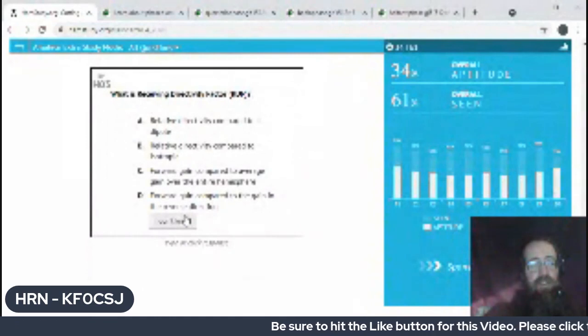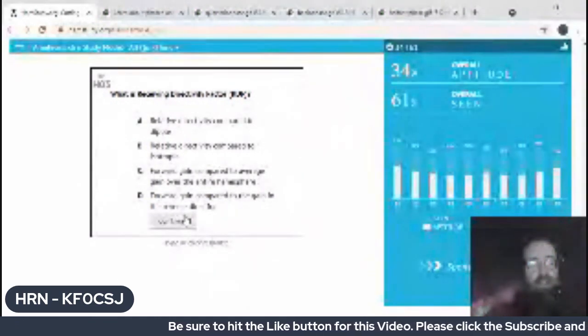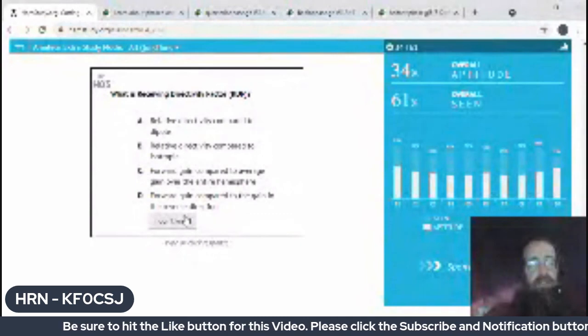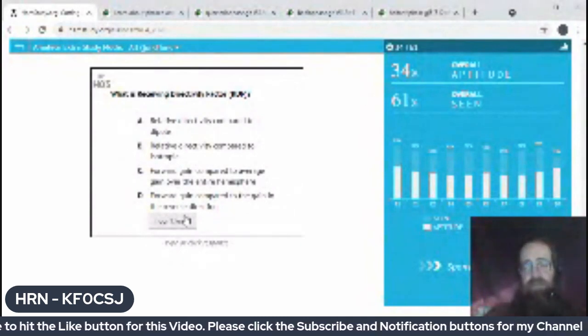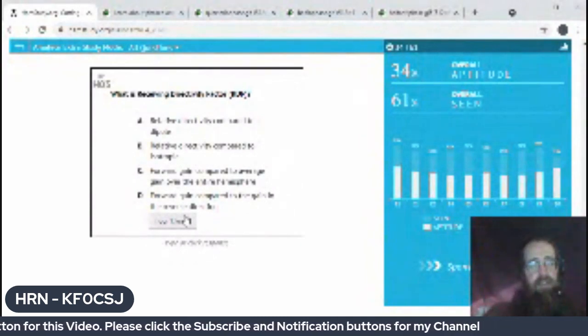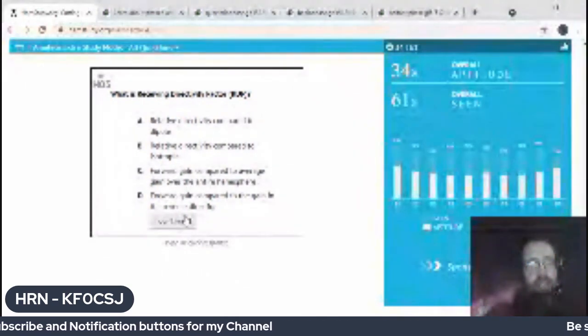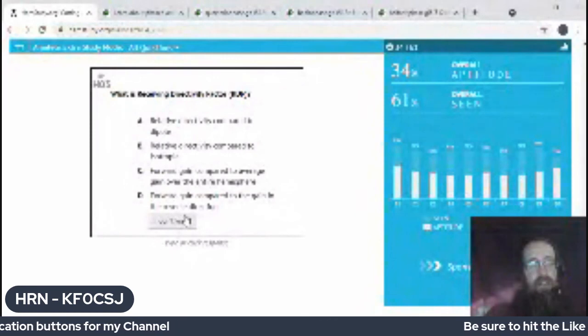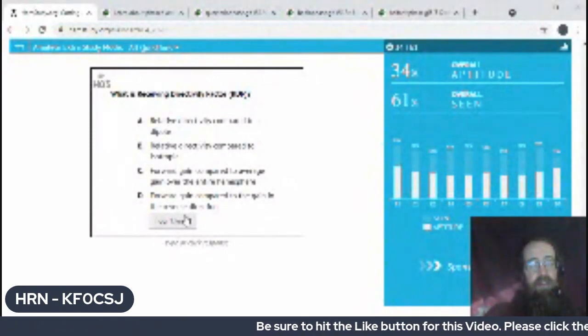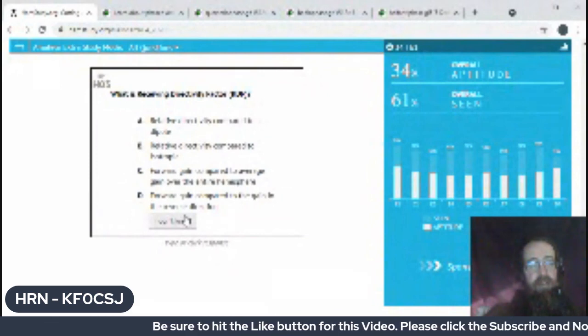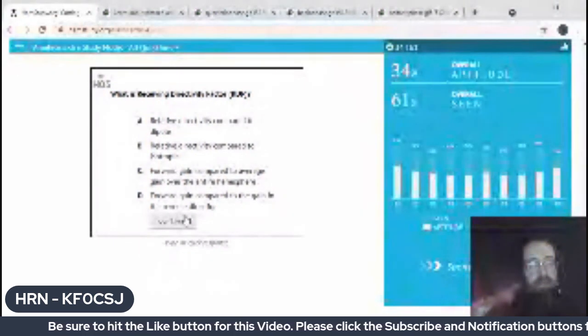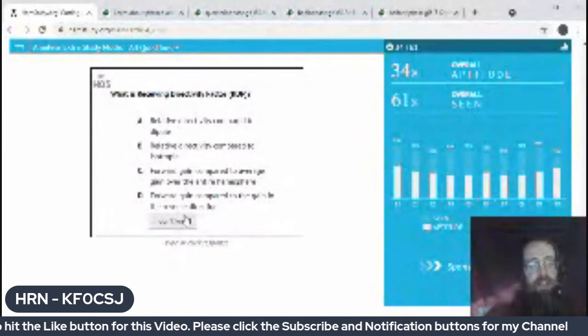What is receiving directivity factor? A: Relative directivity compared to a dipole. B: Relative directivity compared to isotropic. C: Forward gain compared to average gain over the entire hemisphere.